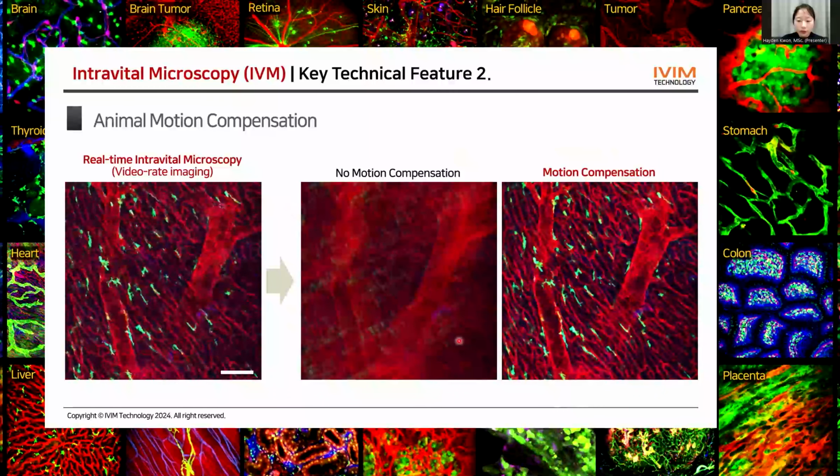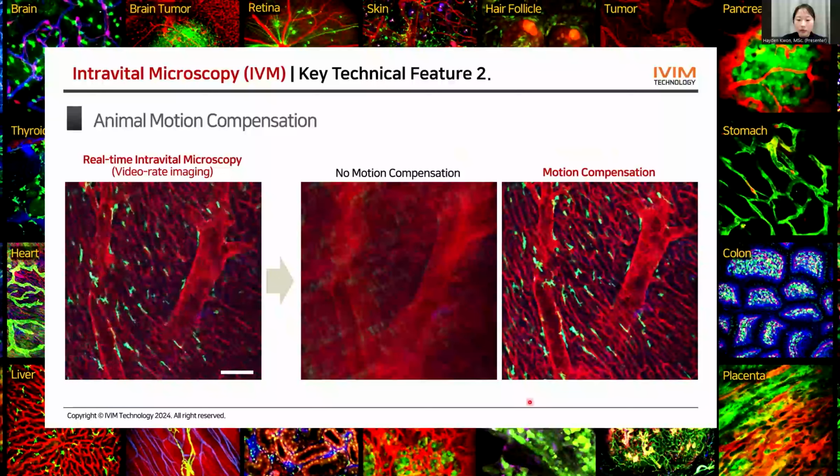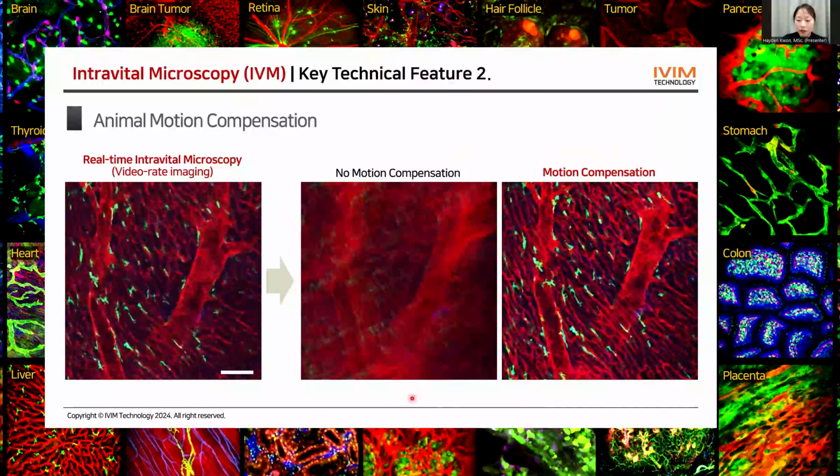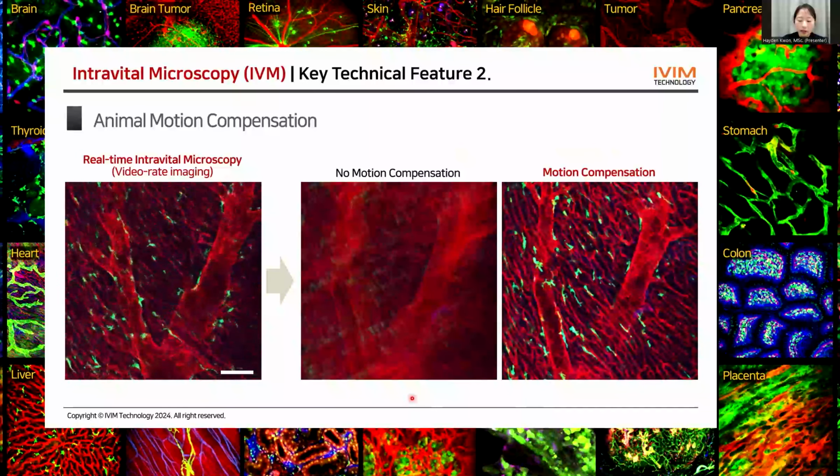But without the algorithm, only these blurred images in the middle could be obtained due to the artifacts, disturbing the quantitative analysis of the data. So I'd like you to get the idea that other conventional in vivo microscopes only could acquire these kinds of blurred images from the same animal models.